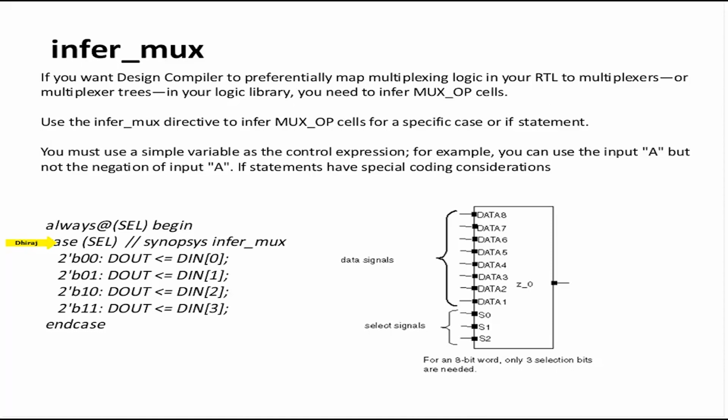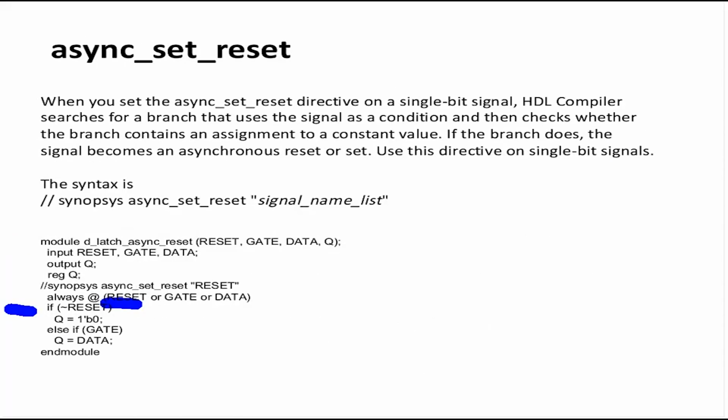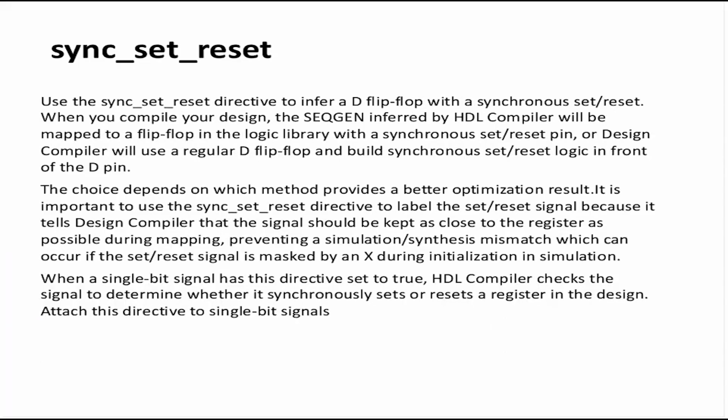From the last three, we saw 3 directives. We saw async set reset. I will not recommend that you use this. If you do proper coding and your library has the corresponding cell, you are good. You can use sync set reset for complex synchronous set resets. So these are very special cases again. First, code without using these directives.